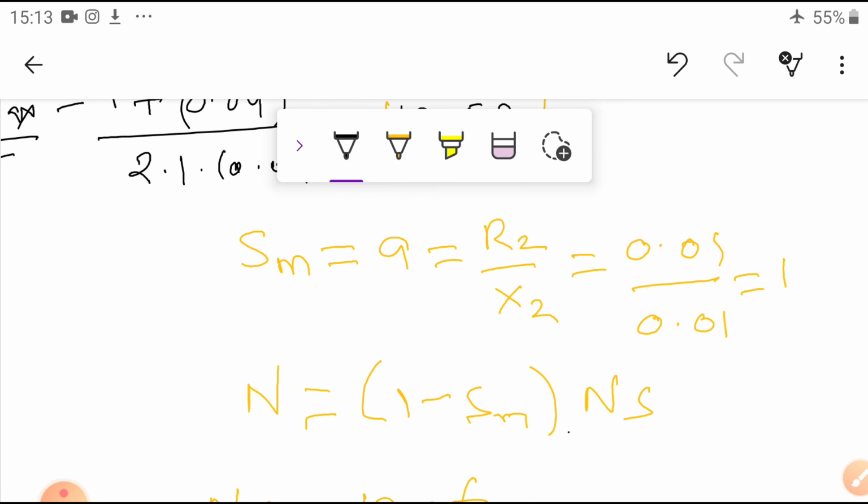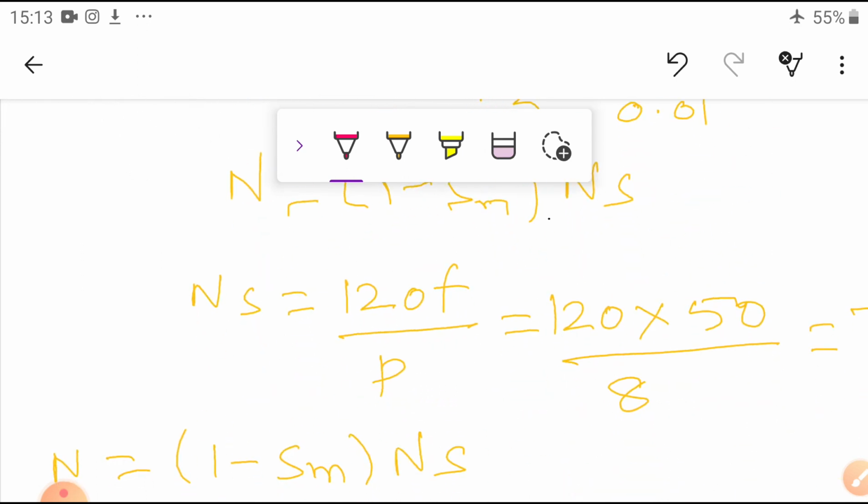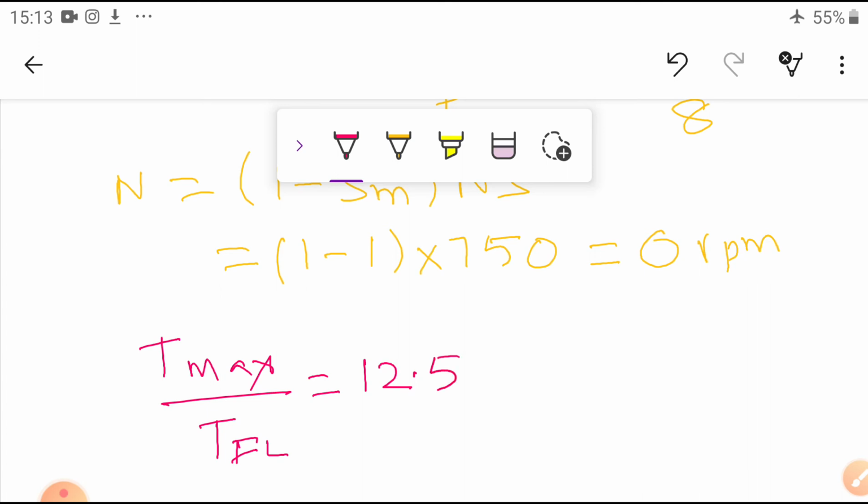What are the answers? So T max by T full load, we got 12.52. This is the first answer.